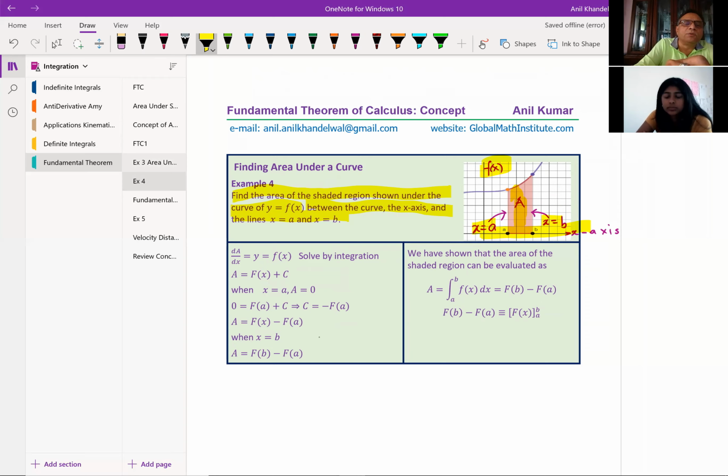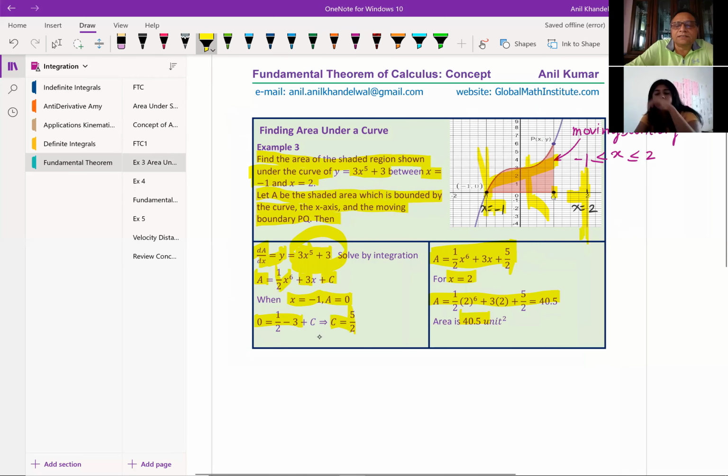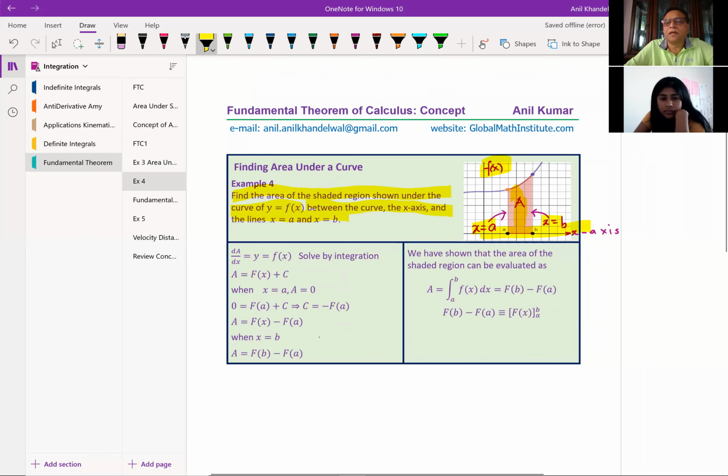So last time what you observed is that the c value could have been cancelled if you're talking about two boundaries, and that is being shown in example 4. Okay, so we have a function y equals f of x, and we learned that area is basically equal to the antiderivative of the function plus c, right?